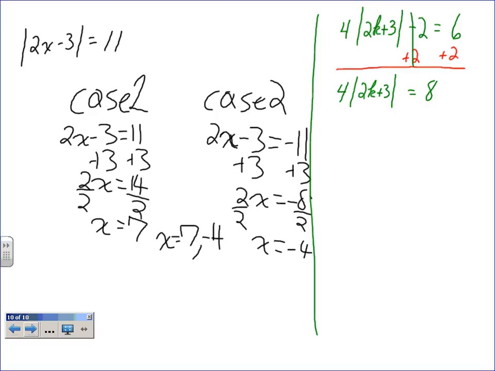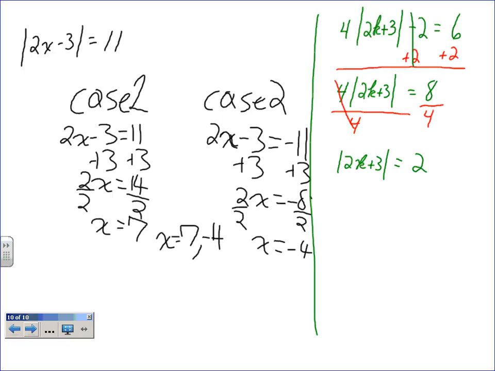So what we have to do now is divide by 4, both sides. Okay? So now I've got the absolute value of 2k plus 3 equals 2. And now I can go to case 1 and case 2.